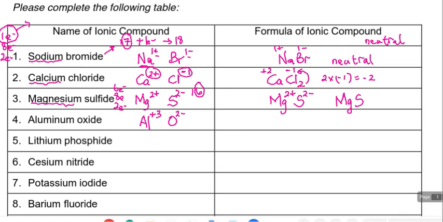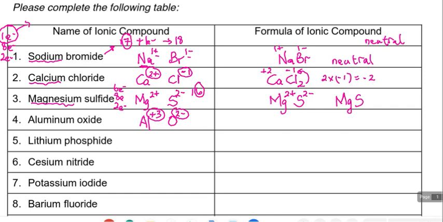This is a little bit challenging because I've got a +3 here and a -2 here. So what I need to do is I need to think, what is the lowest common multiple between a +3 and a -2? So some simple math. Again, think of the multiples of 3, multiples of 2. 3, 6, 9, 12, multiples of 2, 2, 4, 6, 8. The lowest number they have in common is 6.